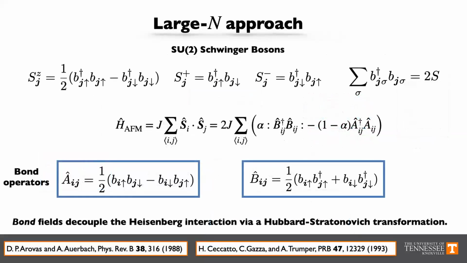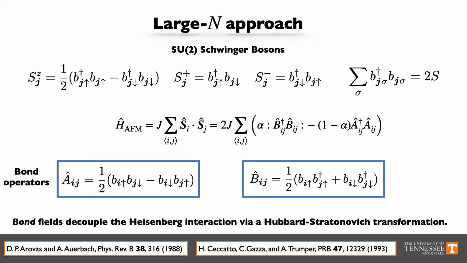And that you can implement using the so-called Schwinger boson approximation, right, which is a large-N approach, where you still represent the spins as bilinears in Schwinger bosons. But the difference now is that instead of condensing individual bosons on particular sites, we are going to consider bond operators, fields defined on bonds, and treat those basically as numbers, and then fluctuations of those numbers.